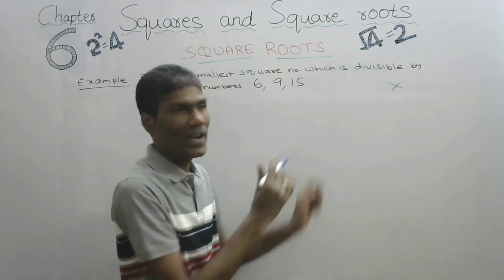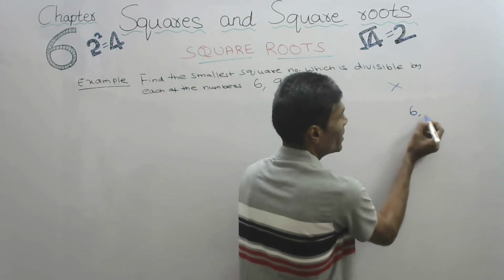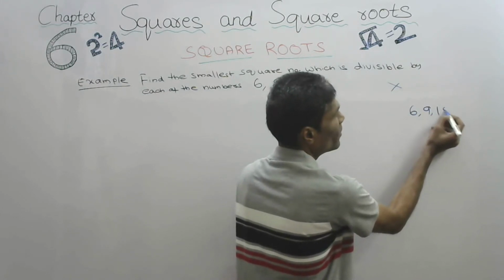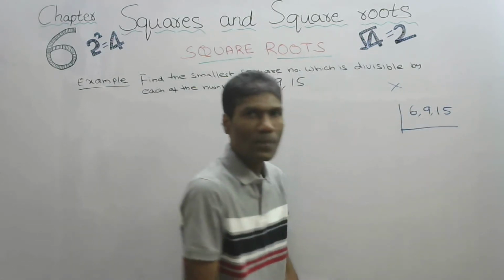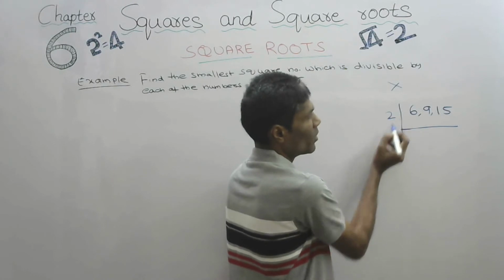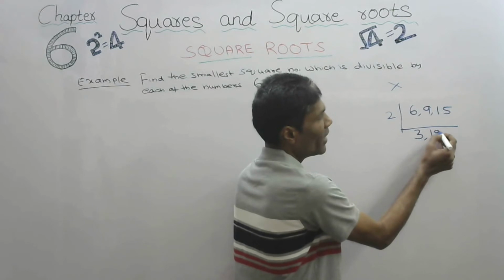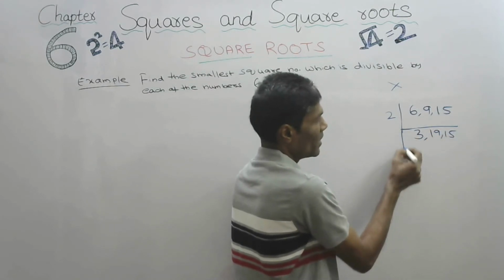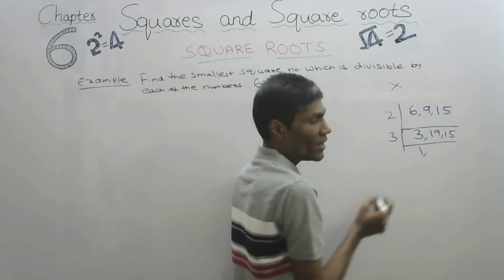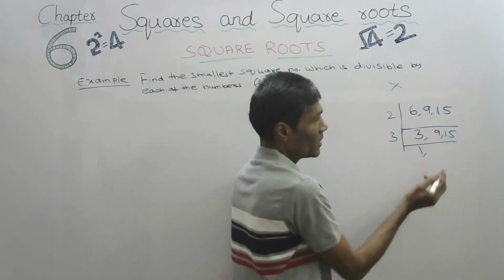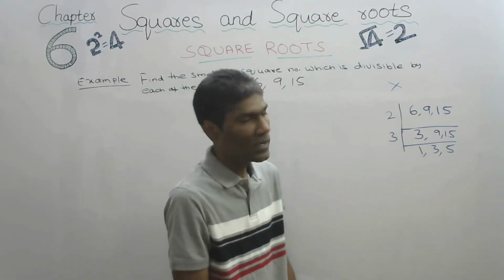How to find the LCM? Let us see. Now 6, 9, 15 are given. With 2 table, 2 3s are 6, 9 and 15 as it is. Next with 3 table, 3 1s are 3, 3 3s are 9, 3 5s are 15. What we are doing?